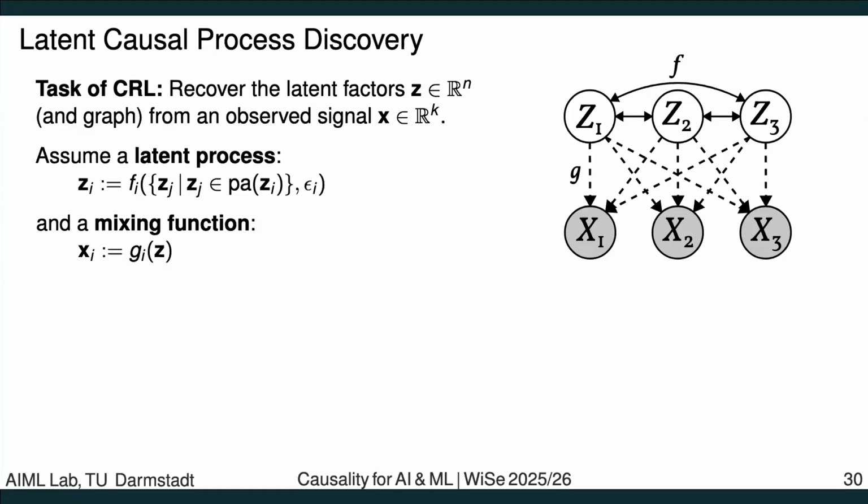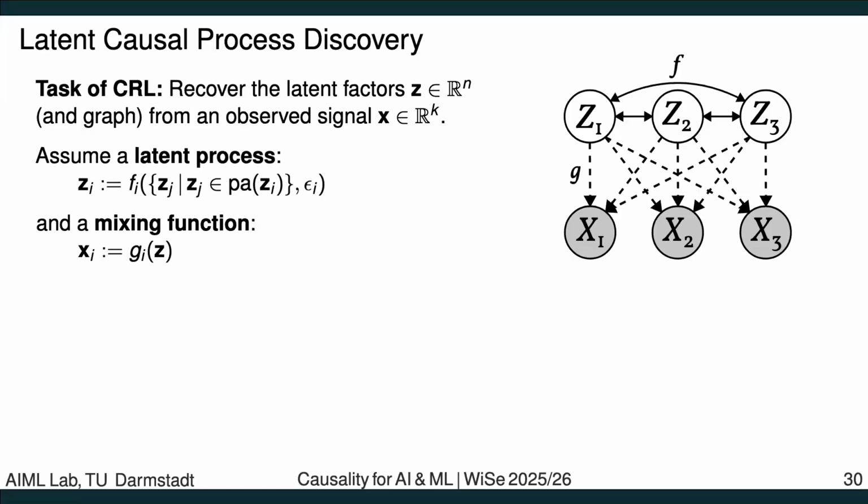So the common setting, if we are talking about CRL, is that we have some underlying latent process between the set variables. Again, we have some structural equations F that relate all of this to each other.